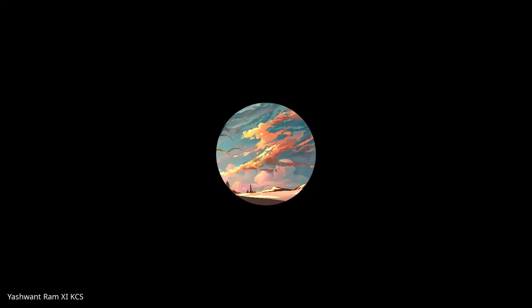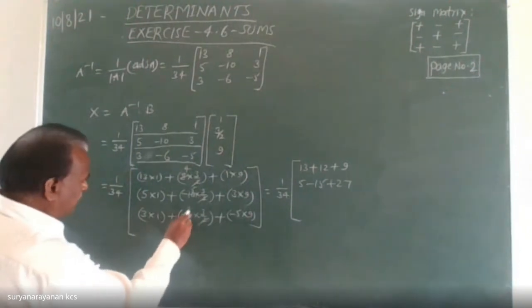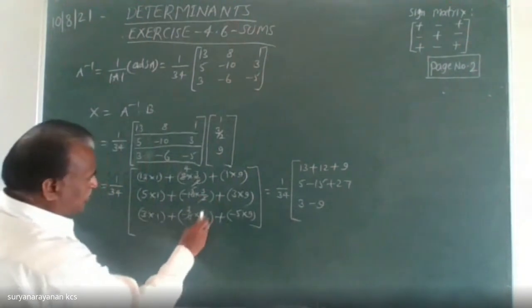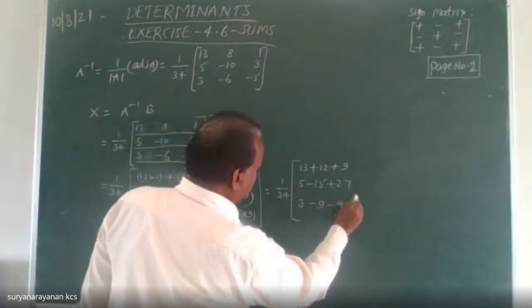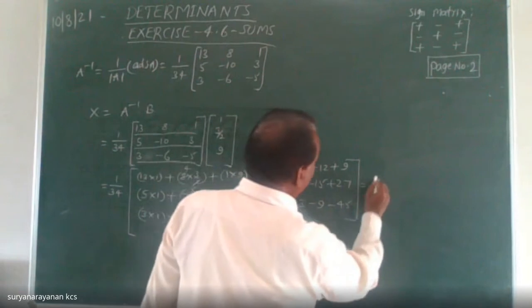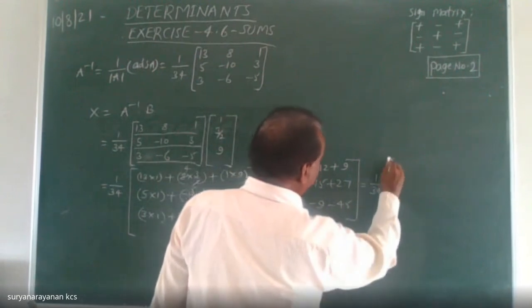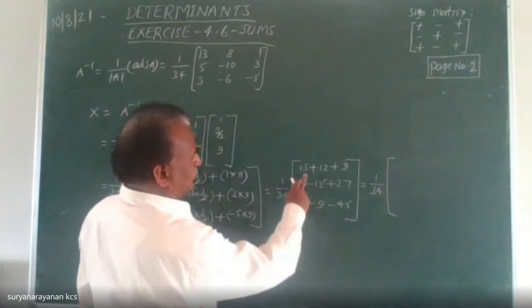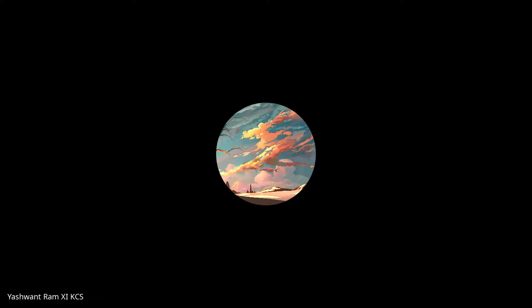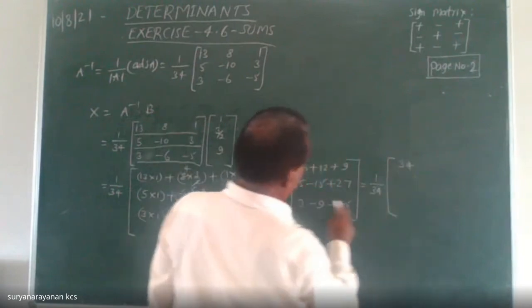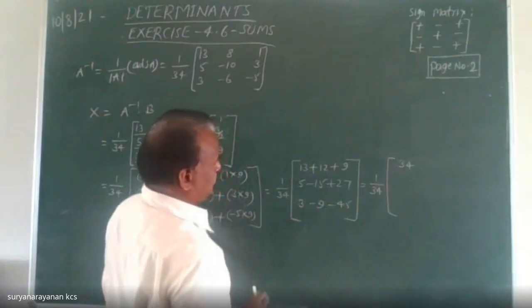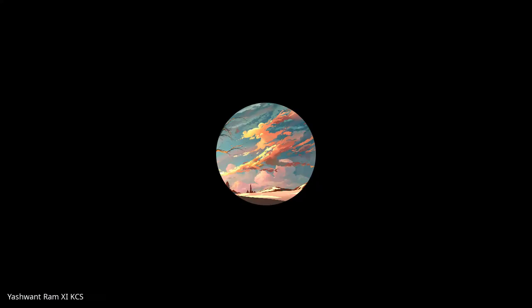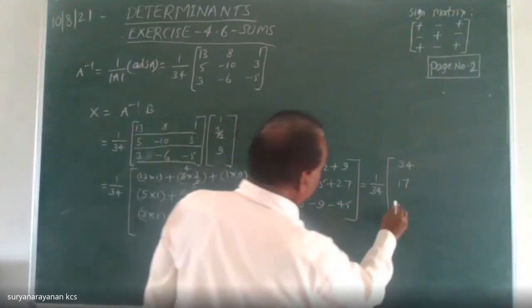Yes, sir. 2 1 times 2, 3 times 3, minus 9 minus 45. This is equal to 1 by 34 into 34, 17, minus 51.